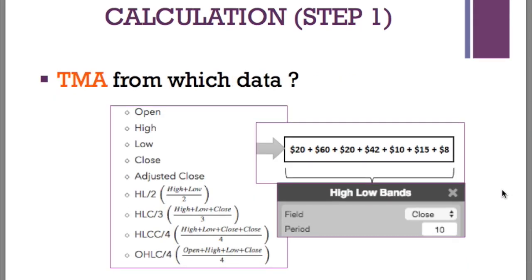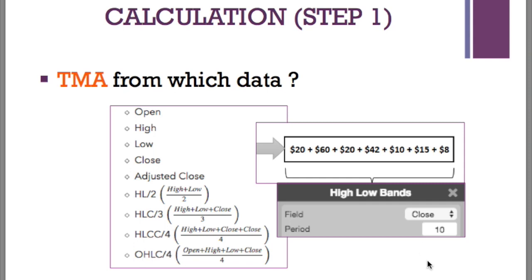But okay, we need to calculate the triangular moving average, but from which data? You see here 7 values and 7 prices, but how do we get these? Well, you can take the open and then you get the opening prices, or you can choose the high, then you get the high prices, or the low, the close, adjusted close, the high-low average, high-low close average, high-low double close average, open high-low close average.